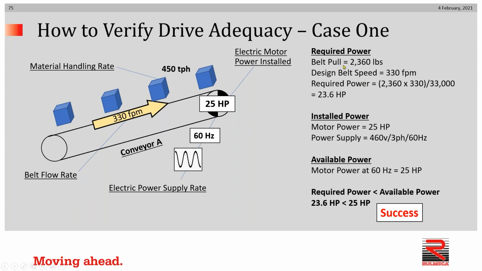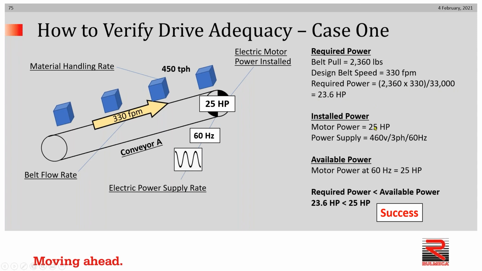We have calculated separately that the belt pull with this set of parameters is 2,360 pounds. It's necessary to provide an effective tension of 2,360 pounds. Since the design speed is 330 feet per minute, the product of belt pull and belt speed divided by 33,000 yields the required power, which is 23.6 horsepower.